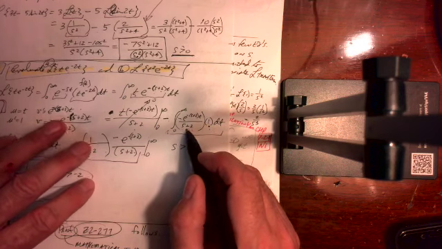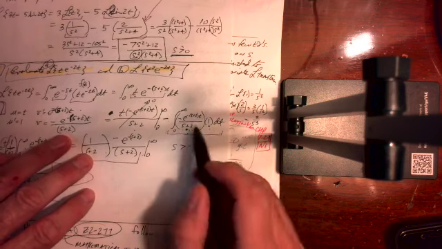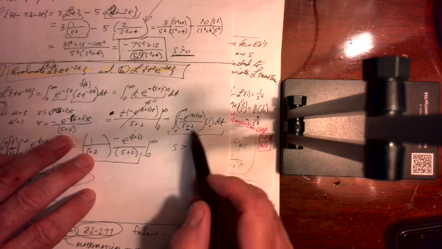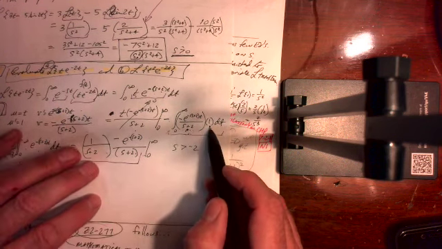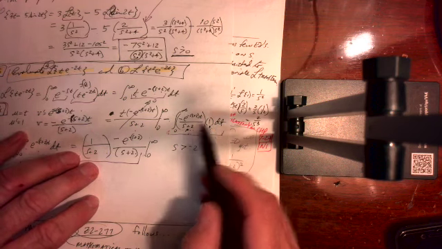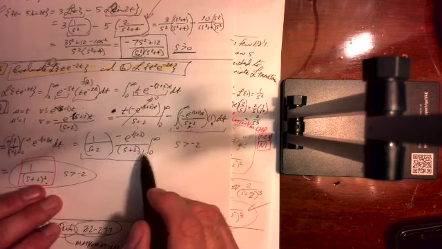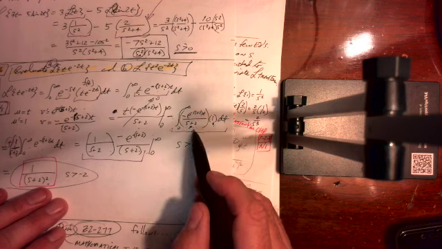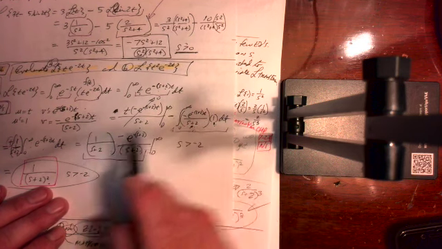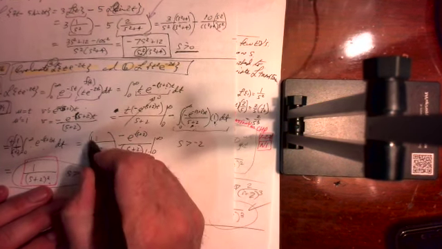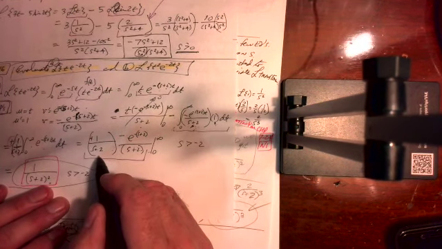You have all this rewritten here, and your u prime, and that gets pulled out as a constant. This minus, s plus 2 minus s plus 2, becomes plus 1 over s plus 2.